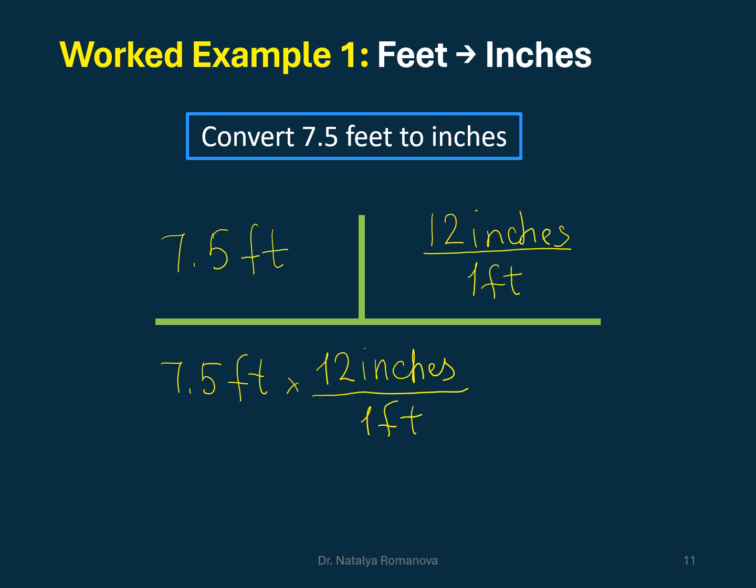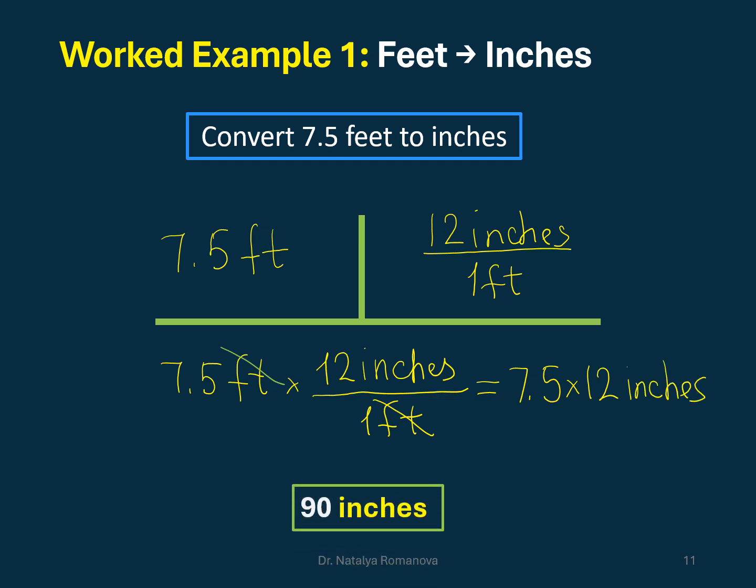We cancel out feet and we have 7.5 times 12 inches. So it would be 90. It is our correct answer for the ASVAB exam.